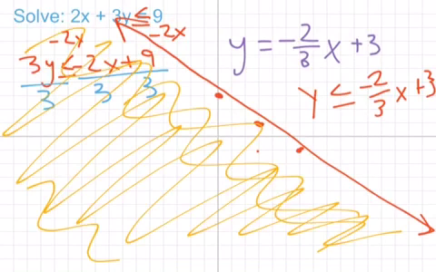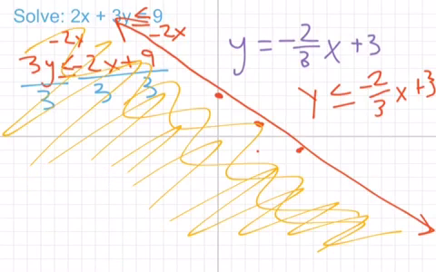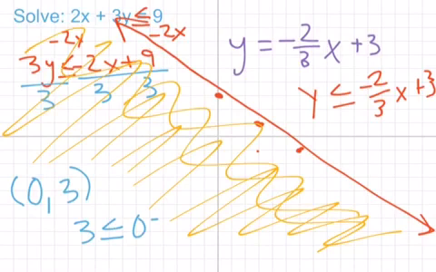So let's plug in 0, 3 to your problem. Y equals 3, so we have 3 is less than or equal to 0 times negative 2/3 plus 3.